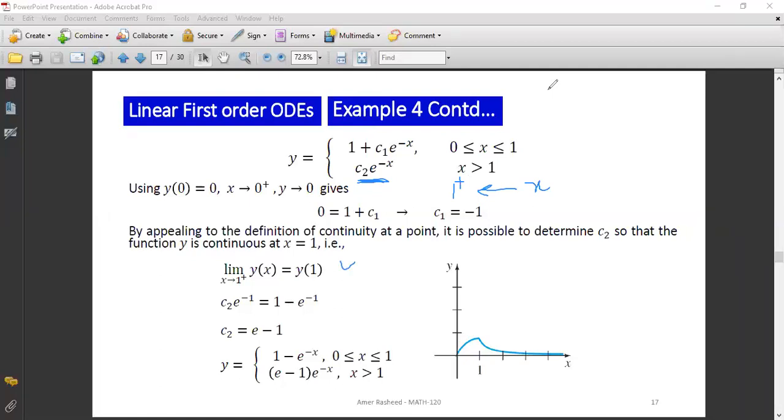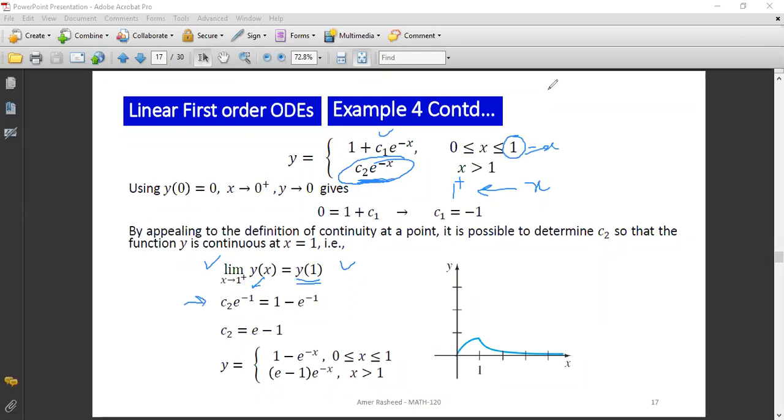This is the condition. So when x goes to 1 from the left hand side, the function must be this one, and when x is equal to 1, the function is this one. So this is basically this function.